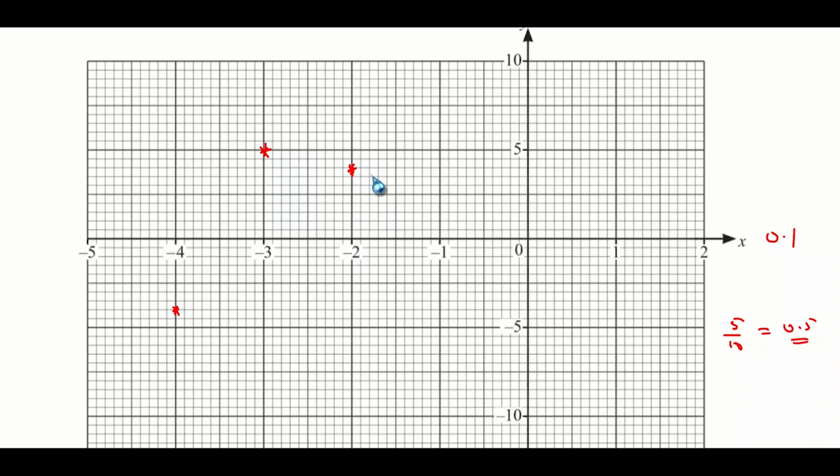The next one is -1 against -1. 1 will just be 2 lines, so -1 against -1 will be exactly this spot. Then when x is 0, y is -4. So 0, -4 will be 8 lines downward, so it will be here.